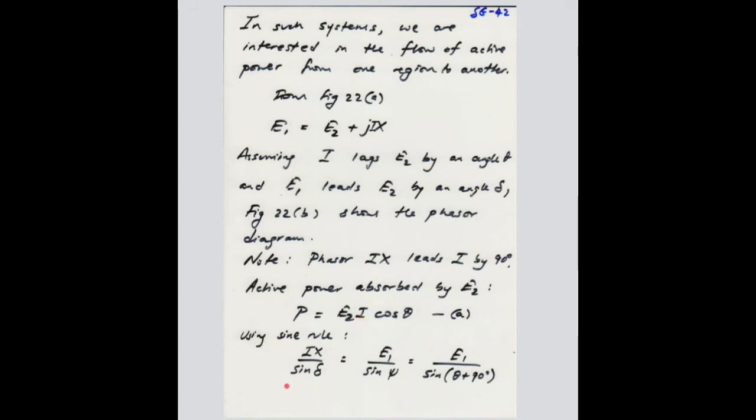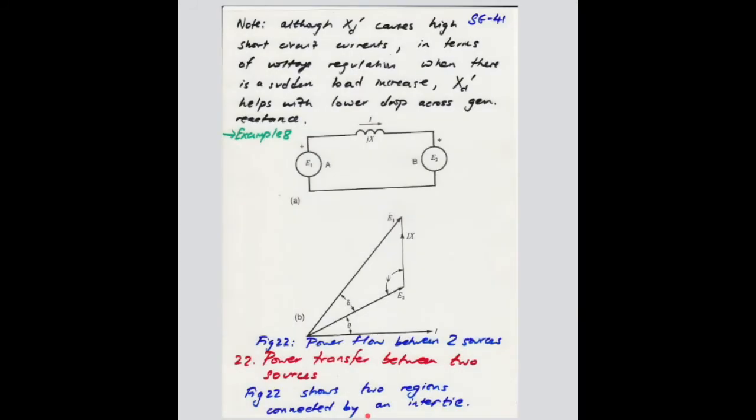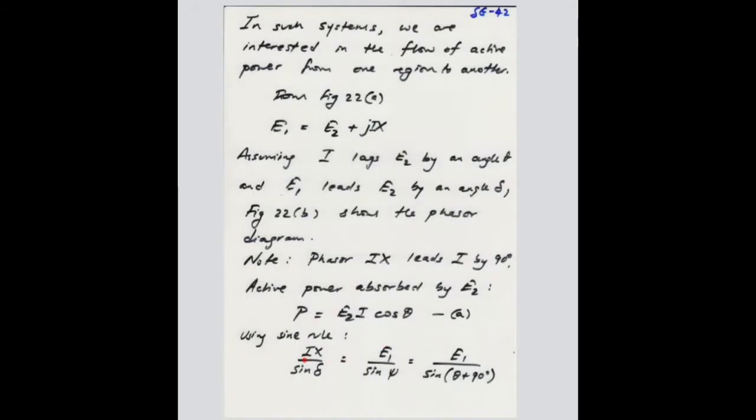So now if you apply the sine rule to this phasor diagram, you can write this equation: I times X over sine delta is equal to E1 over sine phi, and that can also be equal to E1 divided by sine of theta plus 90, right?